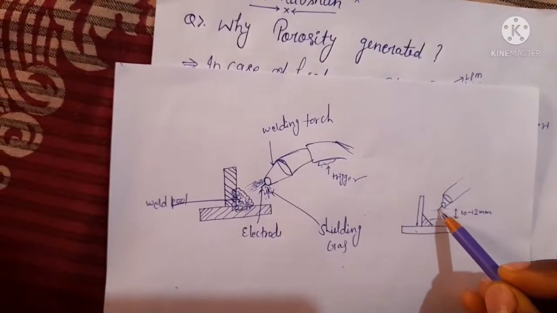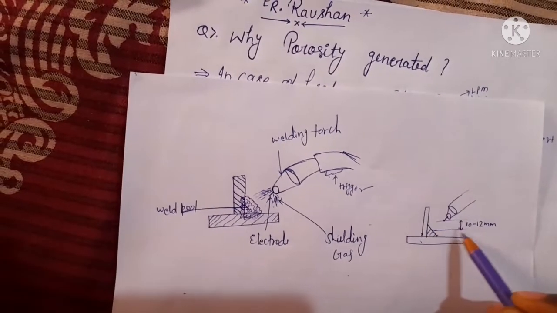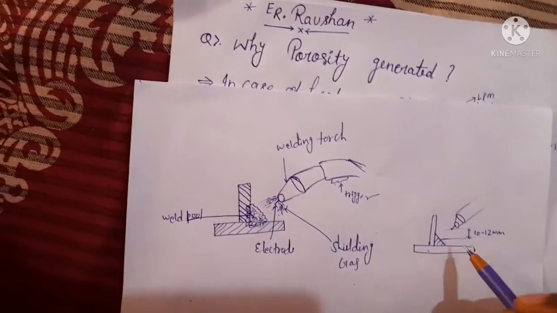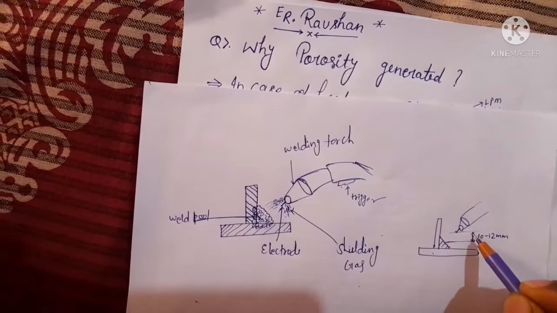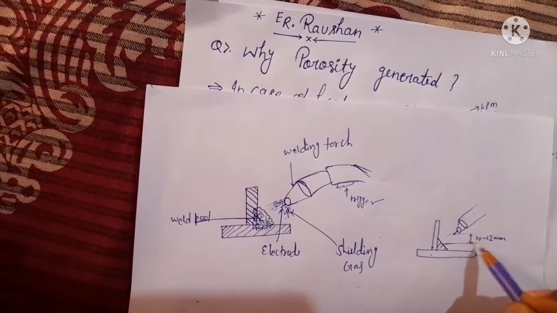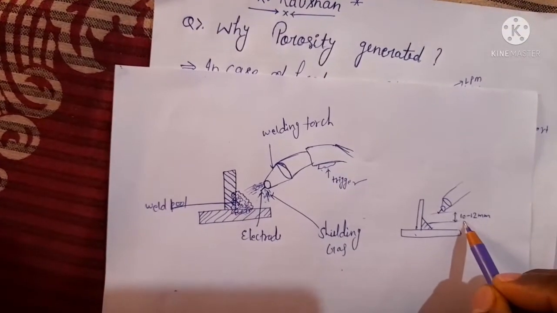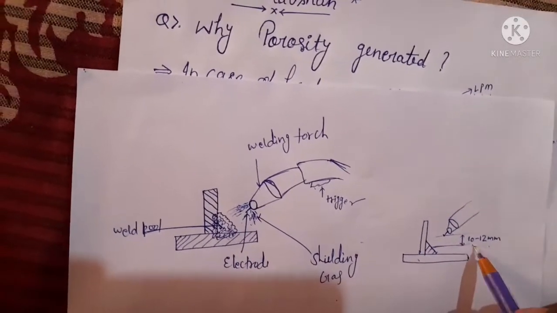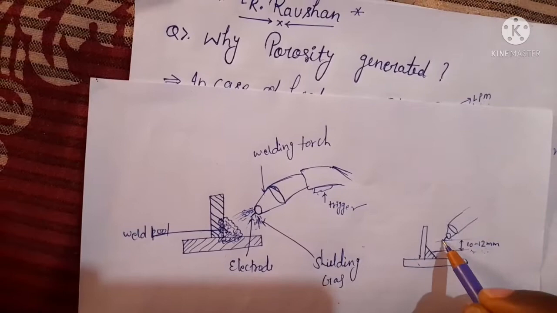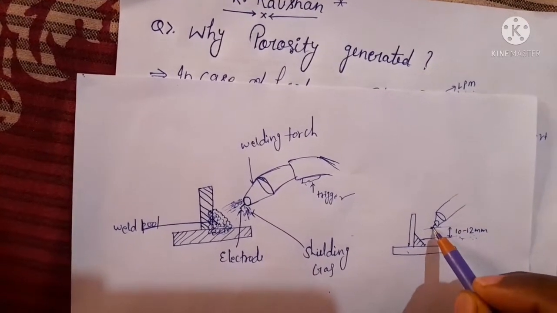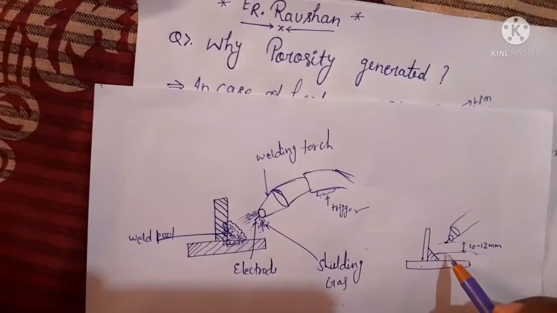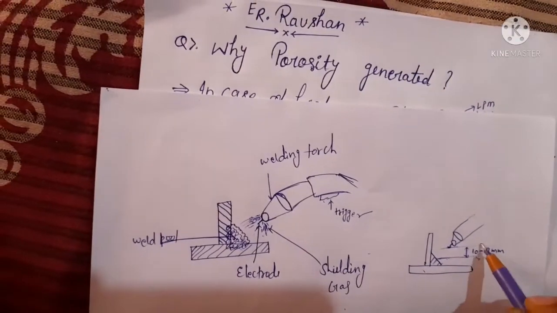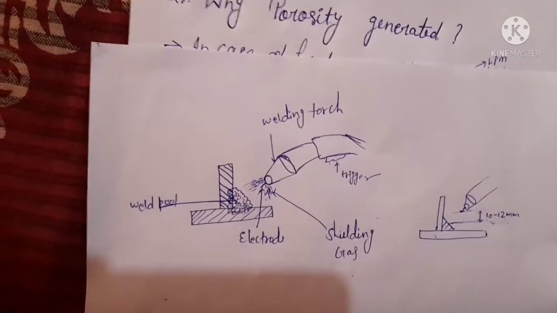This is the electrode tip and this is the weld pool. So friends, the electrode tip to weld pool distance is maintained as 10 to 12 mm. That means the electrode tip to workpiece distance, or weld pool distance, is maintained as 10 to 12 mm.